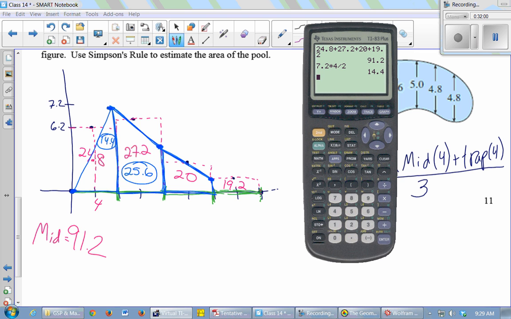Say it again. 20.8. And then in my last interval, I get a triangle. And what's its area? Good. All right, so I add those up. 14.4 plus 25.6 plus 20.8 plus 9.6, 70.4.